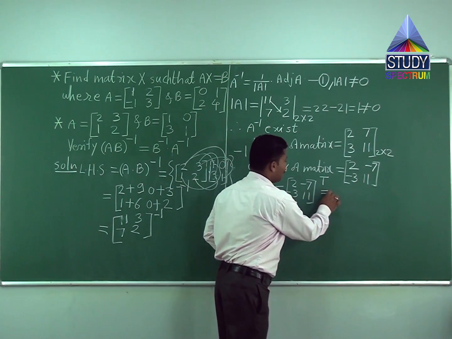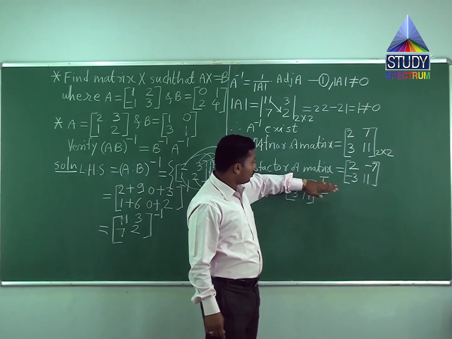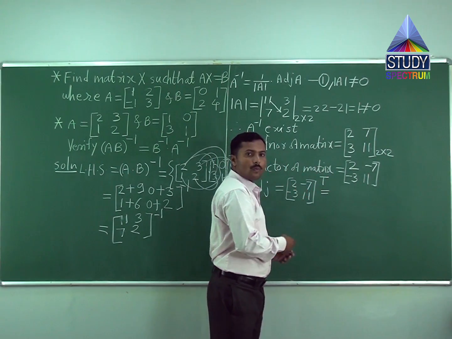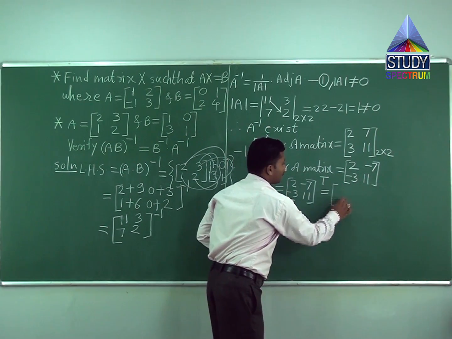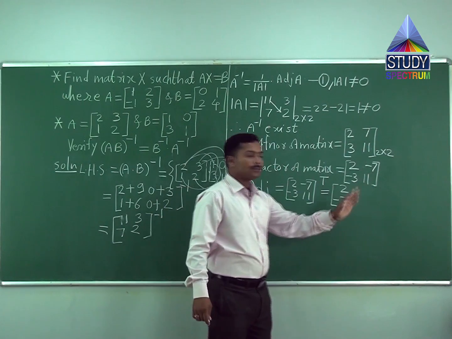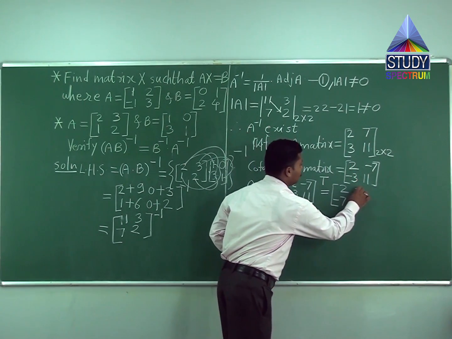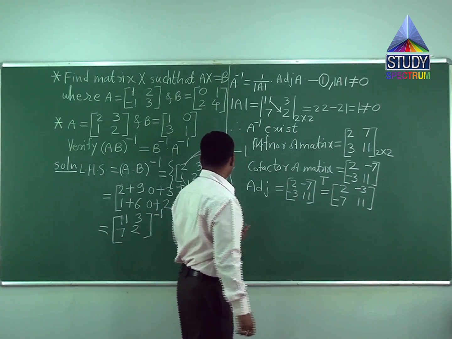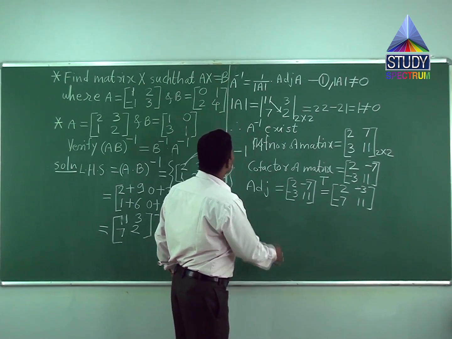Transpose means convert the row into column. So the first row becomes the first column, the second row becomes the second column. So this is the adjoint of this matrix.